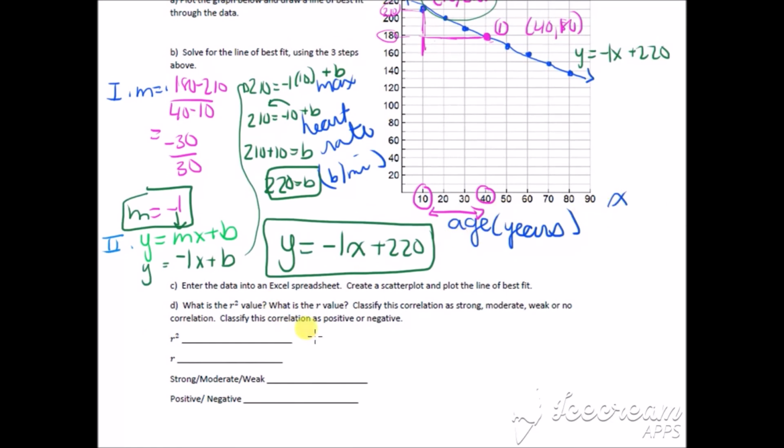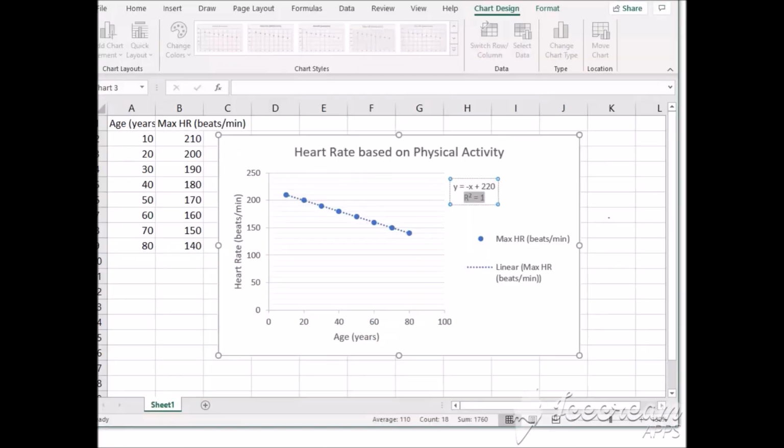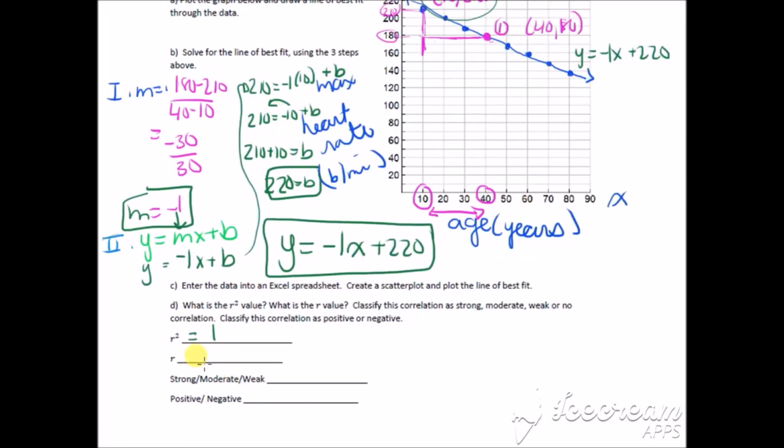Okay, so down here, what is the r value? So r squared equals 1, and then when we root that, r also equals 1, right? Because r squared equals 1, root both sides, r equals 1. And then classify this as strong, moderate, weak, or no correlation.